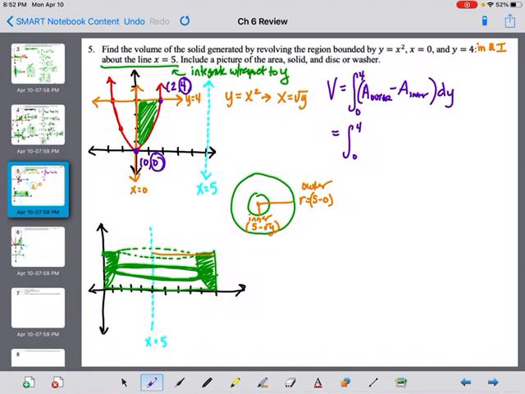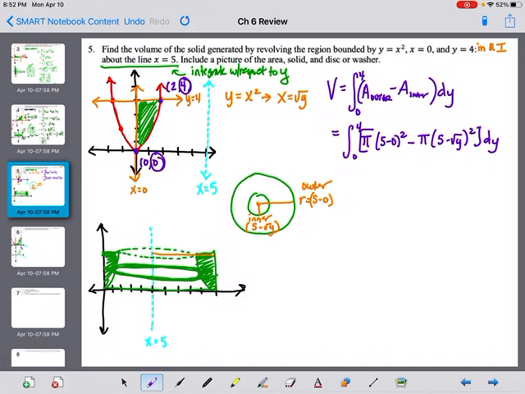And so my area of my outer is going to be pi times 5 minus 0 squared. And my area of my inner is going to be pi times 5 minus the square root of y squared. So this is kind of a messy one.